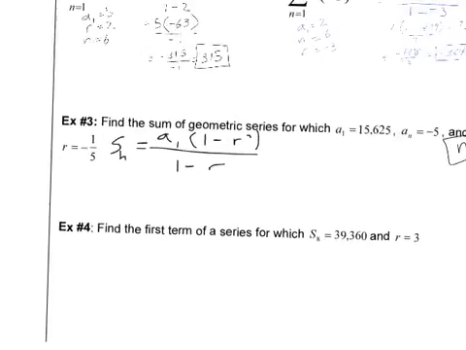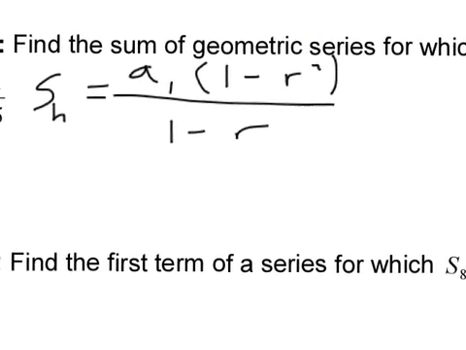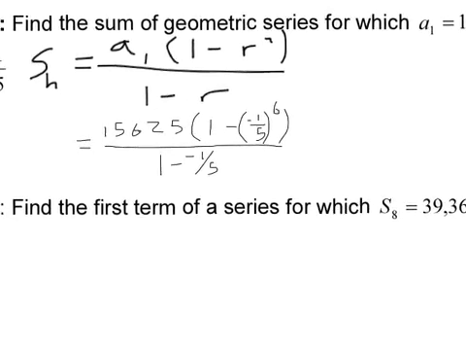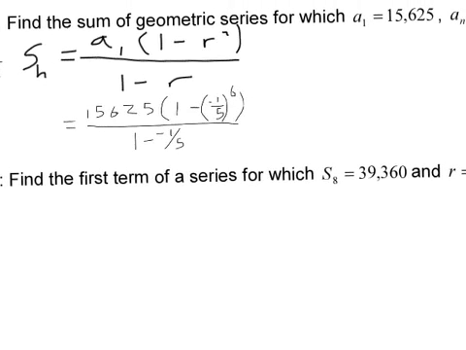Now let's just plug in everything we know. We know the a sub 1 is 15625. One minus my r is negative 1/5, and that's to the power of 6, because that's my n value, all over 1 minus negative 1/5. A lot of simplifying to do here.